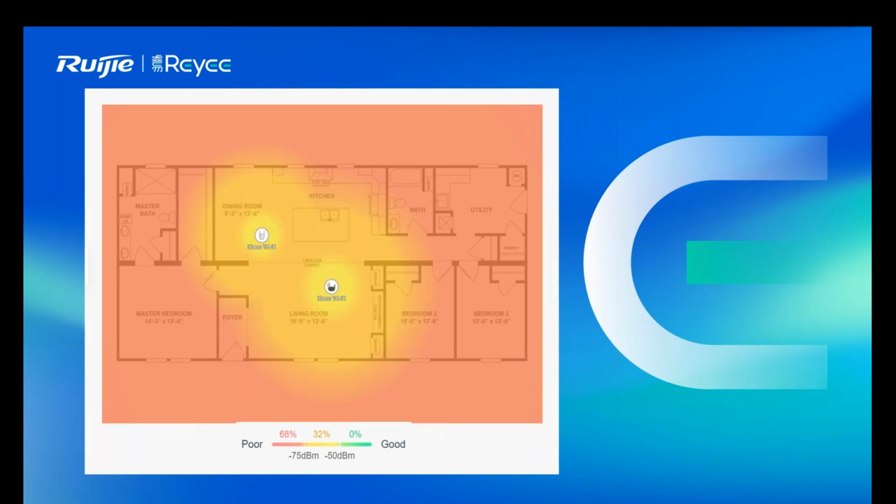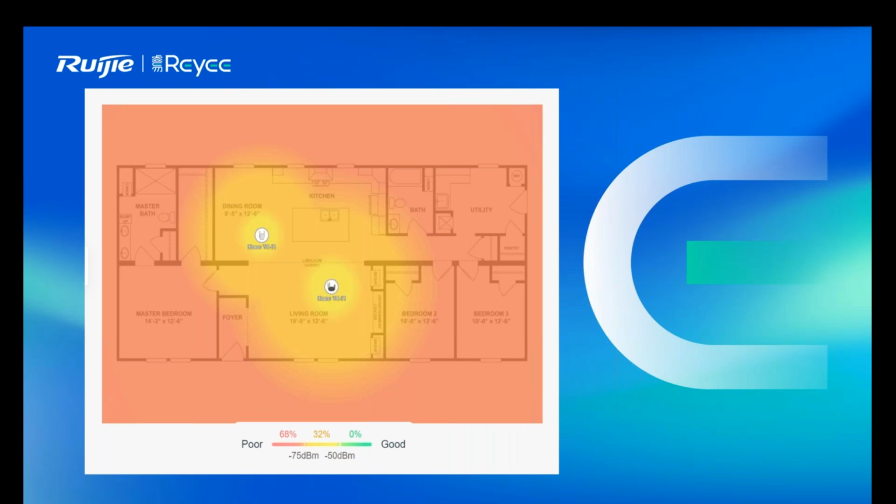And now let's take a look at this representation of how a weak signal looks in a heat map in a larger environment. As we can see in the presentation, the entire environment is in reddish colors, which indicates that there is not good coverage in the signal provided by the access point.